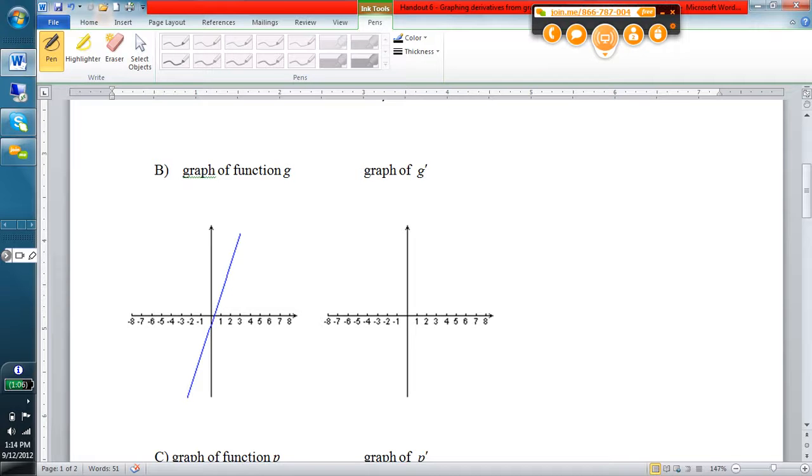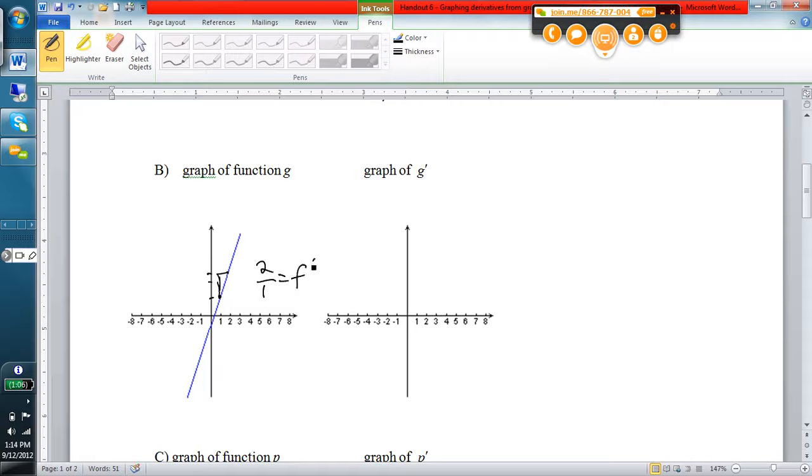If I look at just one point here, let's start at 1. If I do a rise over run here, okay, right there, that looks like it's going up about 2 units, so I'm getting a slope of 2 over 1 at that point, which means, what's the derivative? 2 over 1.